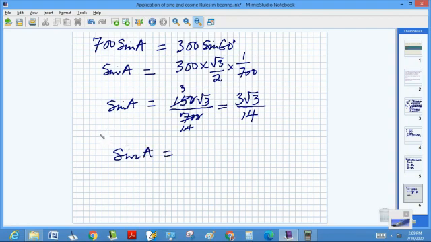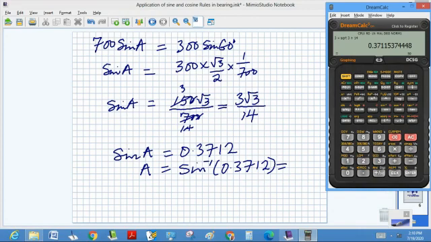Sine A is equal to 0.3712, and A is sine inverse of 0.3712.